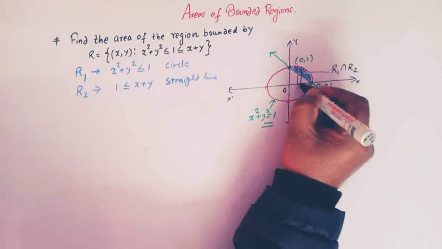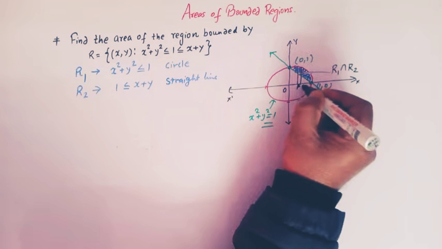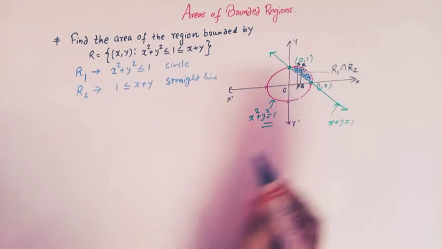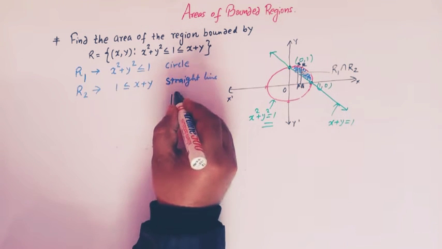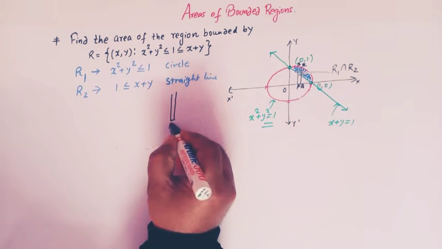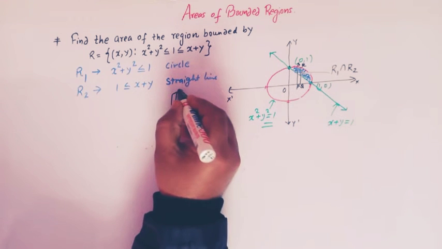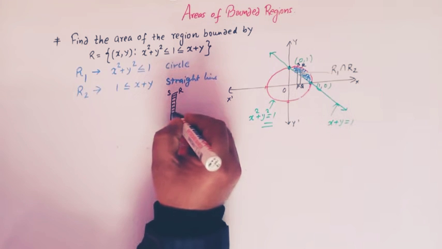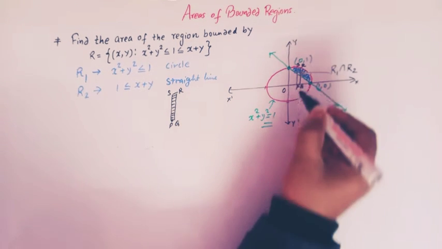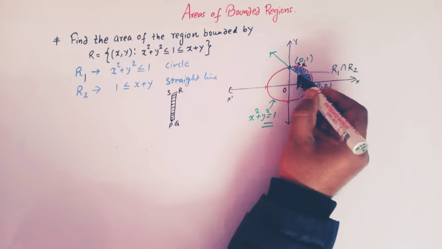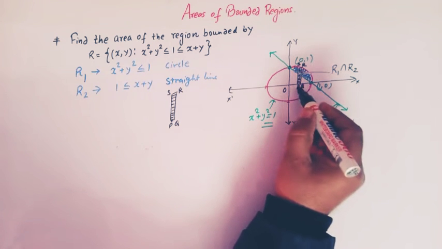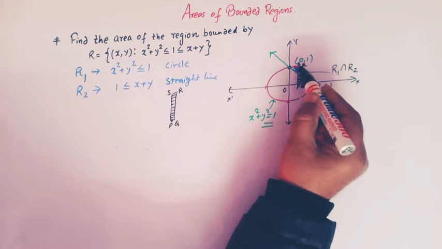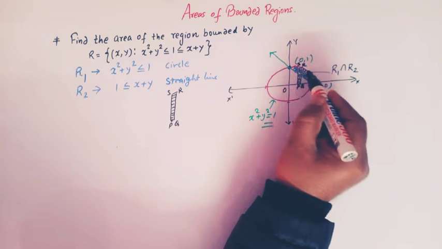This is a strip, let us call it PQRS, and it is known as the vertical strip or the elementary strip. And we see that this strip runs from the x-axis to the boundary of this circle.